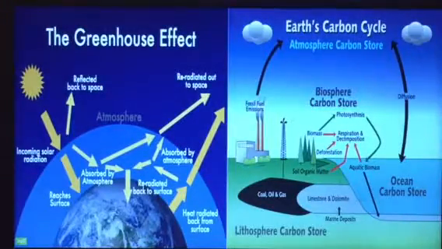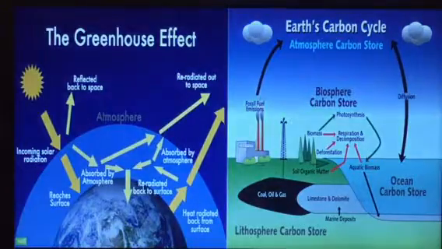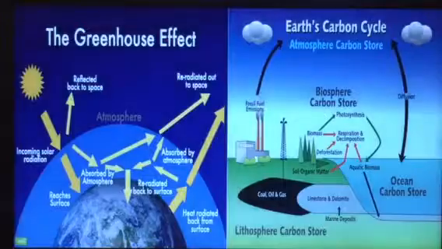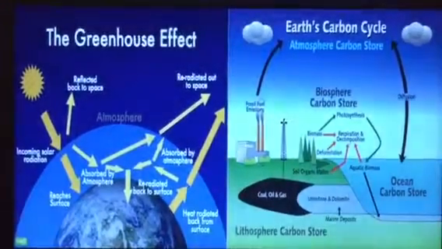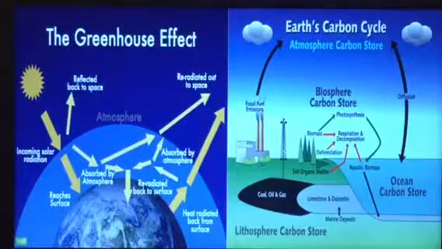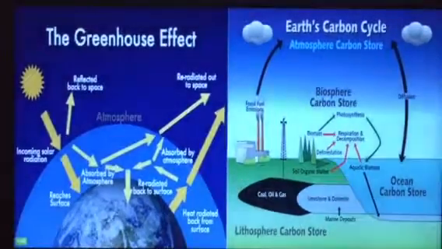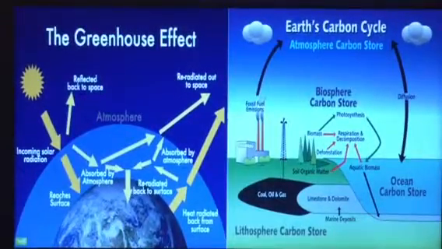From that, there's diffusion from the atmosphere into the ocean, known as the ocean carbon store. Then from there you will get many other things that are used, such as limestone and dolomite. Those are also joined by coal, oil, and gases.